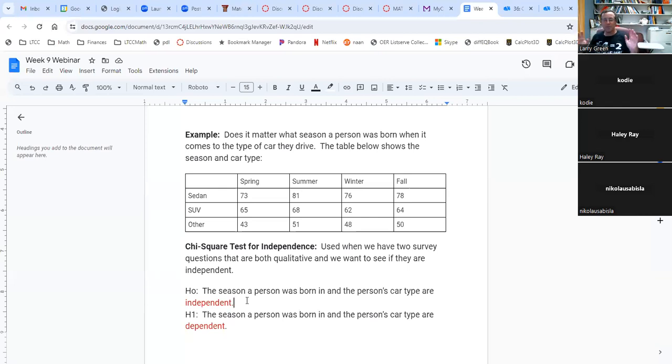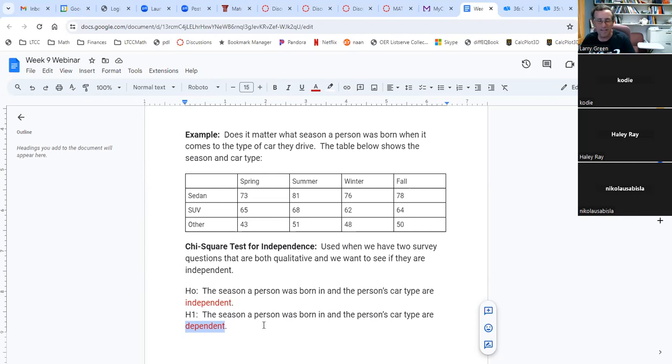If you don't have that word independent when I ask you what the null hypothesis is, then you lose points. For the alternative hypothesis, it's exactly the same, but instead of independent, it's dependent, because that's the opposite. So the season a person was born in and the person's car type are dependent. Must have the word dependent.